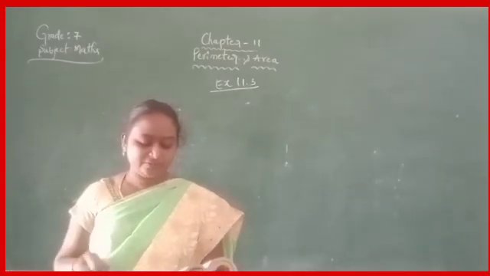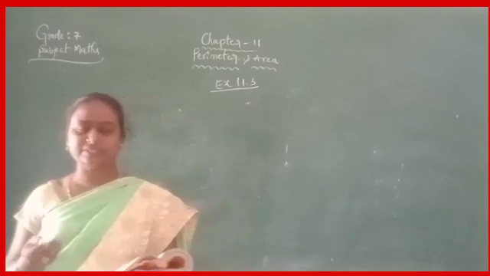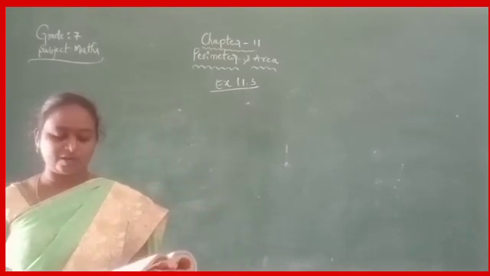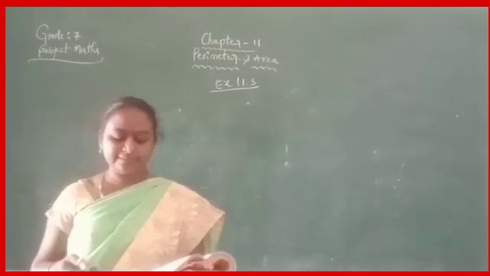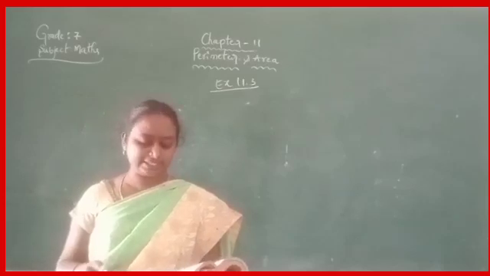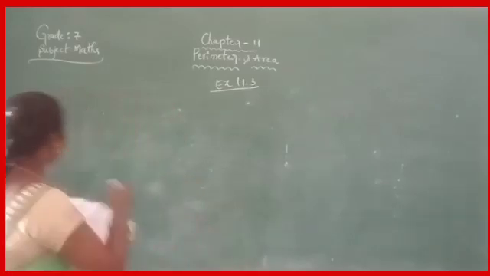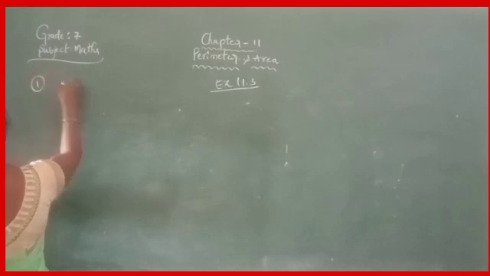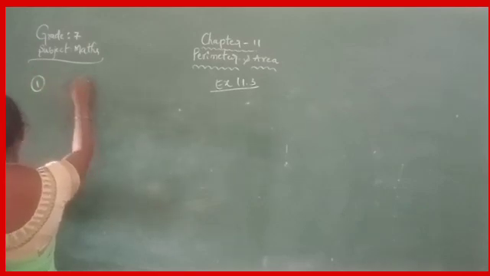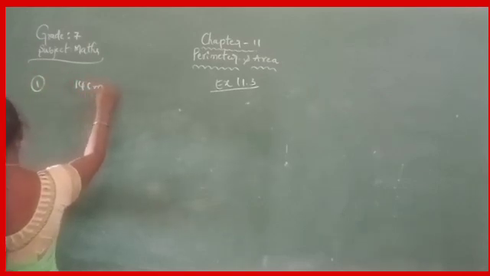First question. Find the circumference of the circles with the following radius. Take pi is equal to 22 by 7. Here we have to find the circumference. Given 14 centimeters.